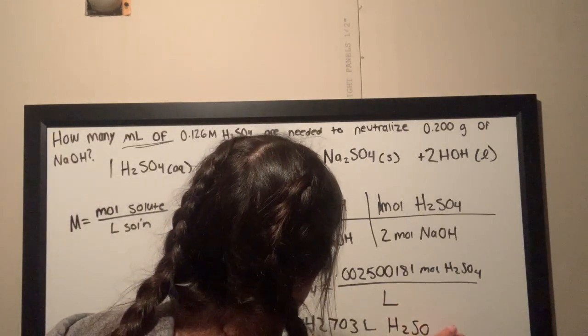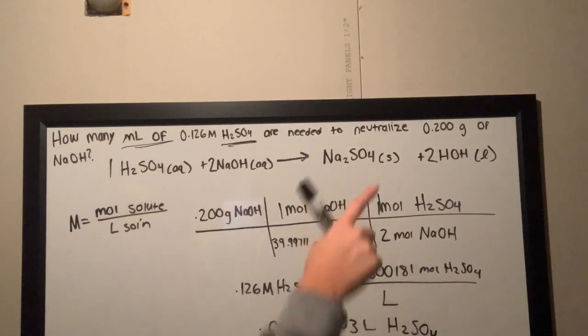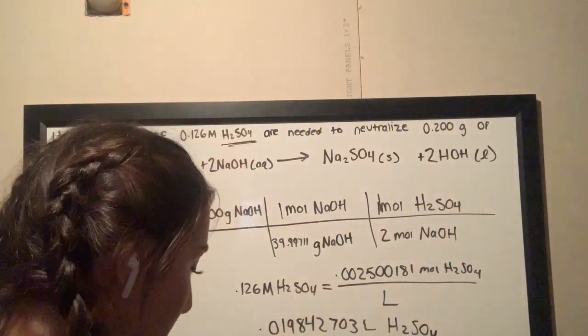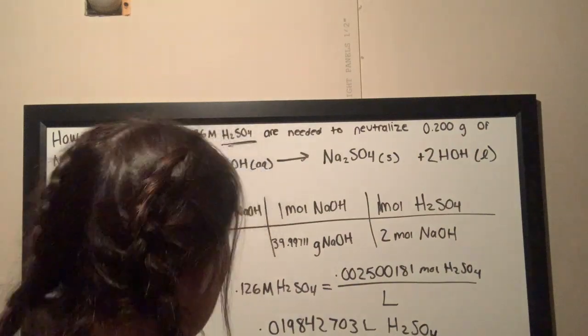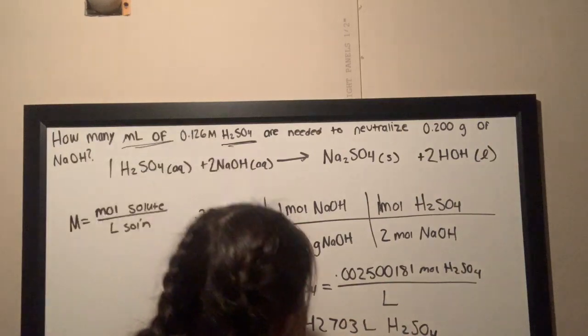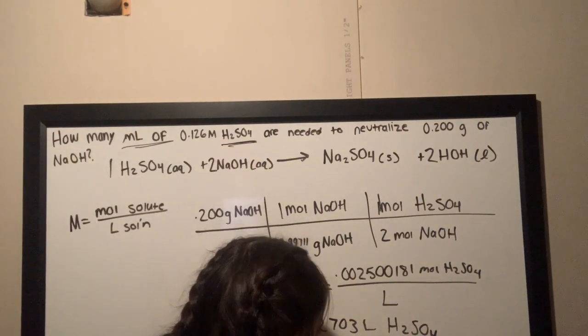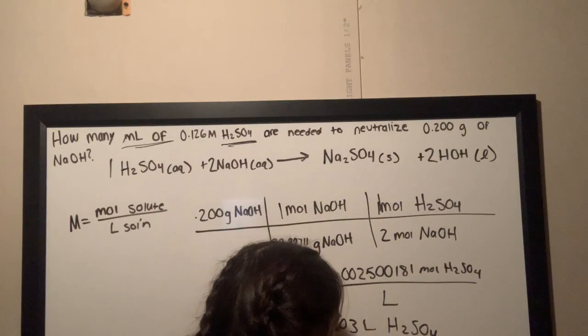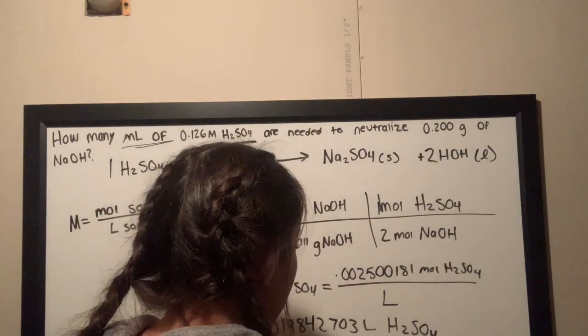But that's not what the question's asking. It's asking for milliliters. And we know that in 1 liter there are 1,000 milliliters, so just multiply by 1,000. And we have 3 sig figs, so that's going to be 19.8. 19.8 milliliters H2SO4. That is the answer.